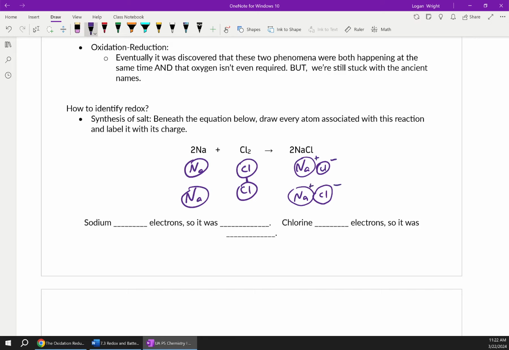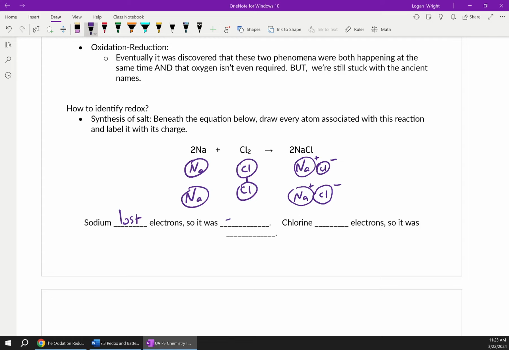So just from looking at this and using intuition, can we tell if this counts as a redox reaction? Do you have any evidence that electrons moved? Yes. Okay, sodium. What happens to sodium's electrons before and after the chemical reaction? Yeah, so sodium used to be neutral, now it's positive, so it must have lost electrons, which is called what?